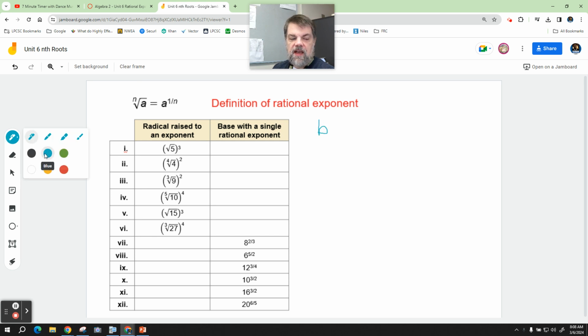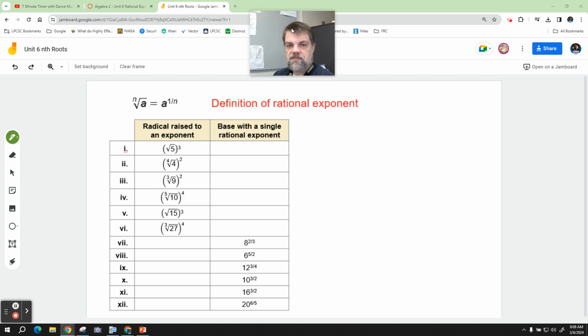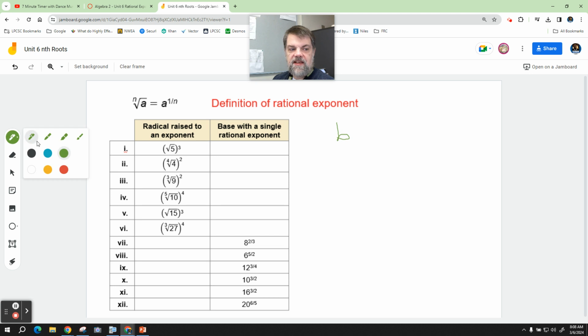right? And then no, wait, that's not the colors I used yesterday. I think that what I used yesterday was green. The base raised to the power over the root.